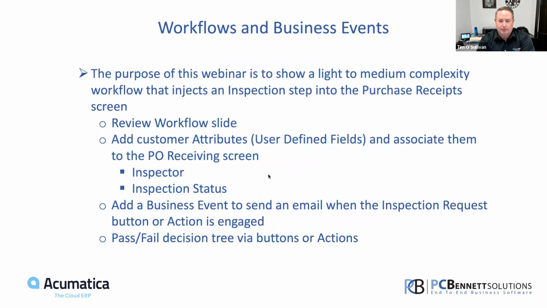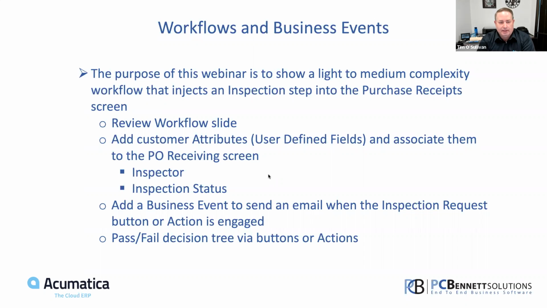So we're going to show a light to medium complexity workflow. This is going to inject an inspection step into the purchase receipt screen. When you're receiving vendor material, sometimes you may want to have an inspection step. We're going to create some custom attributes to drive the workflow.